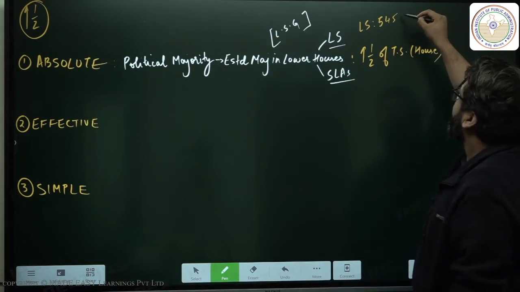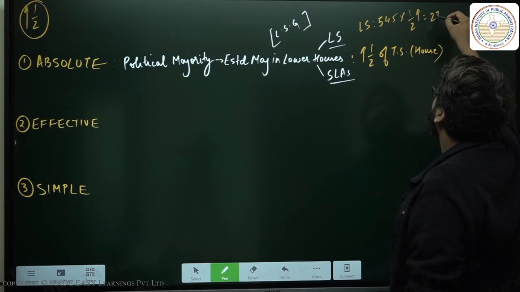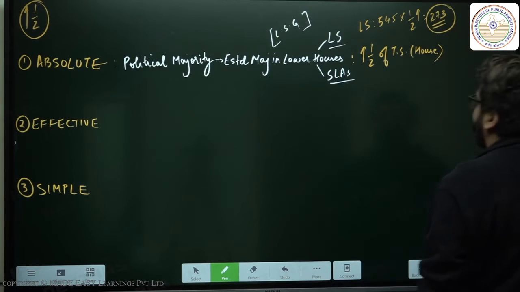So basically, more than half of 545, which is approximately 273.